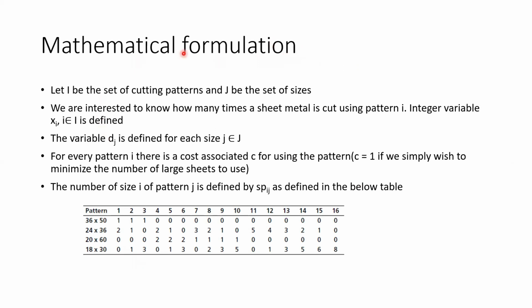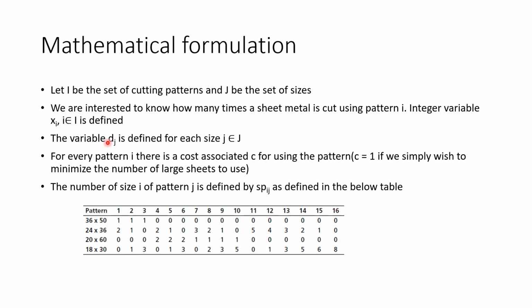Now, in the mathematical formulation, we define the set of cutting patterns as I, and the different sizes as J. So we have four different sizes, and we define this set as J, and the 16 patterns that we have found out as the set I. Then we are interested to know how many times a sheet metal is cut using a particular pattern. An integer variable x is used for that.